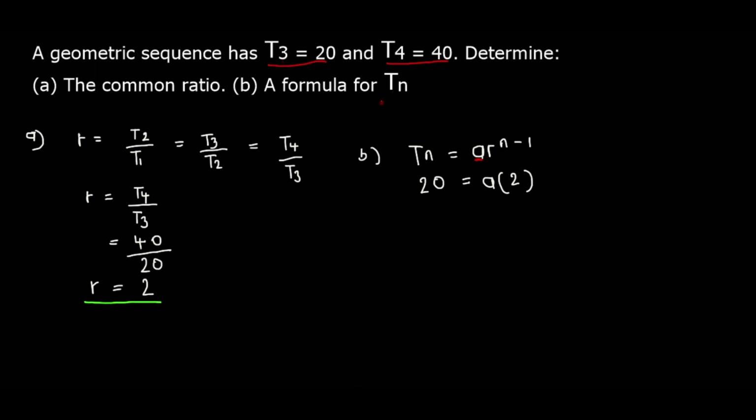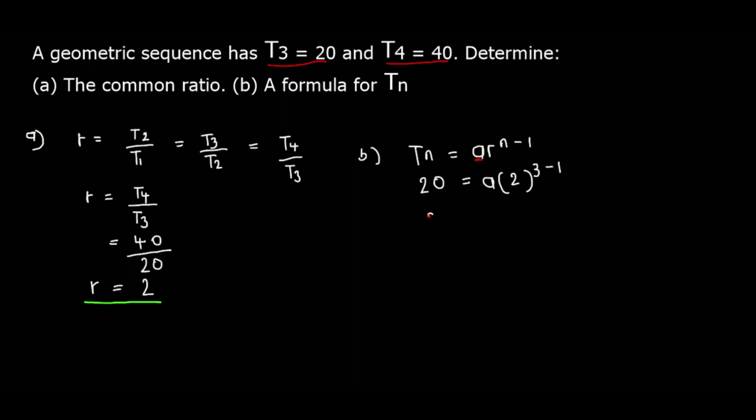You know Tn specifies a number. For example, term number 4 is 5. So this means my Tn is 5, and n is 4, because n is the number of terms. So in this case, 20 is in term number 3. So this means for n, it will be 3.